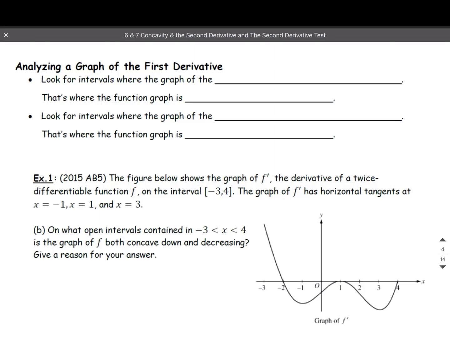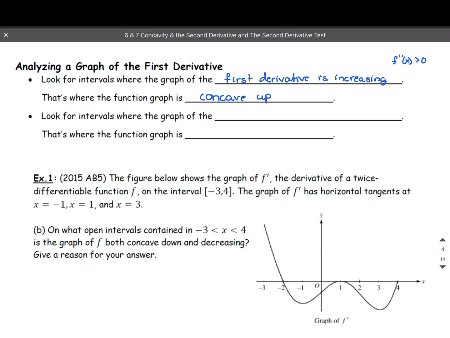Okay? So when you're analyzing a graph of the first derivative, now here's the thing. We can look at a graph of a first derivative and determine whether the function is concave up or down. Because if the graph of the first derivative is increasing, remember that only happens when its derivative, f double prime, is positive, right? Which means the graph of the function is concave up.